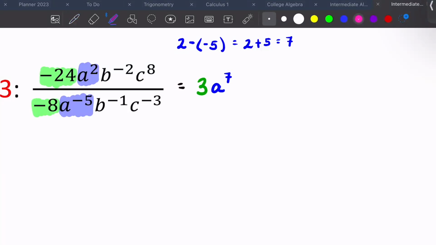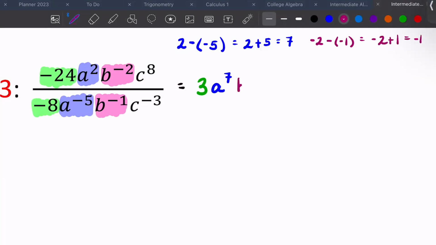Now, look at your b's. We have -2 minus -1, which gives us -2 plus 1, which is -1, right? So we have b to the -1st power. If you realize that and go ahead and put it in the bottom, that's fine too.